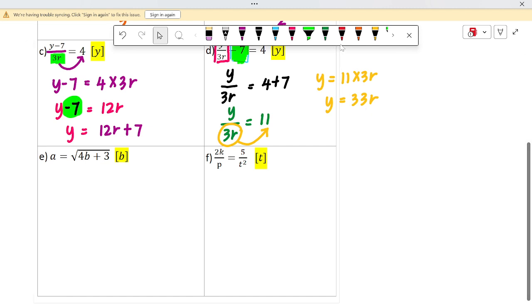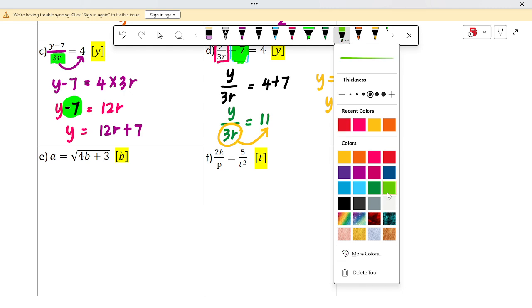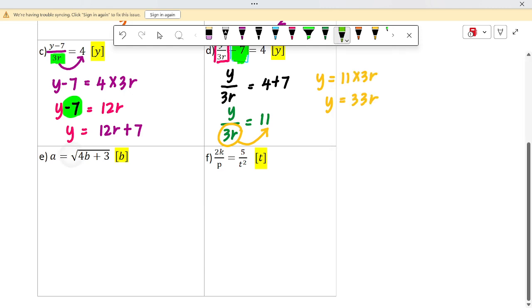Question E. For question E, we have here a equals square root of 4b plus 3, and we're going to express b. So what is your most outer shape here? As you can see, your most outer shape here is the square root. So we will be removing the square root first. Square root shifted to the other side will become power, so a square equals 4b plus 3.